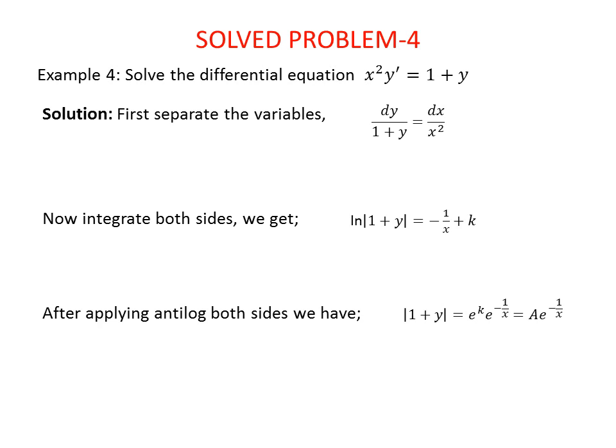On the right hand side it becomes e to the power minus 1 by x plus k, that is e to the power of a sum of two terms. So this can be simplified as e to the power k times e to the power minus 1 over x.